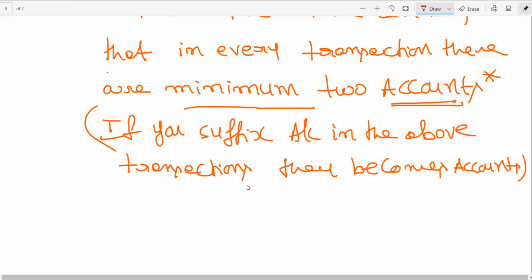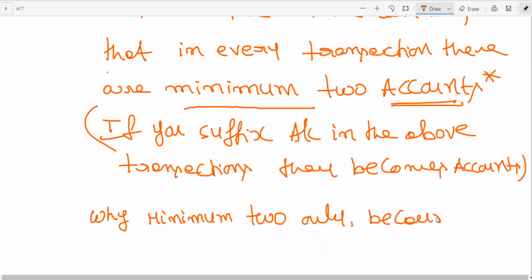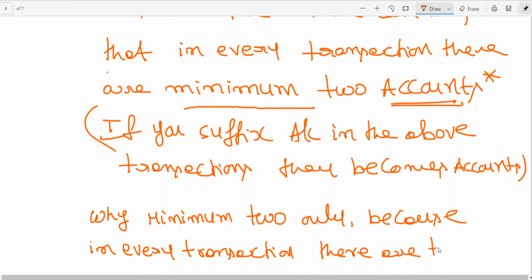Why minimum two only? Because in every transaction there are two aspects only.